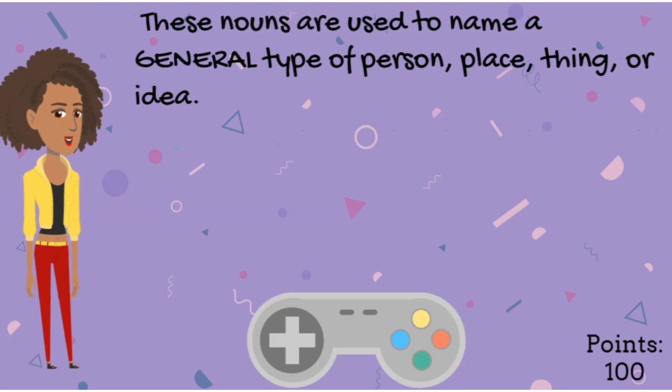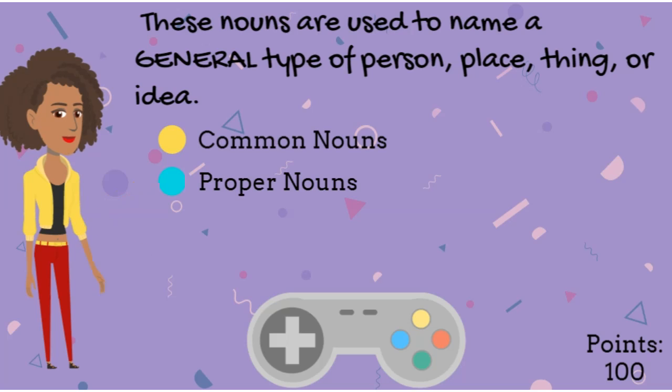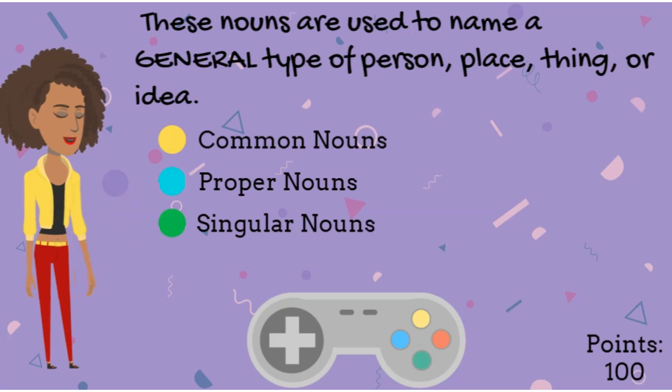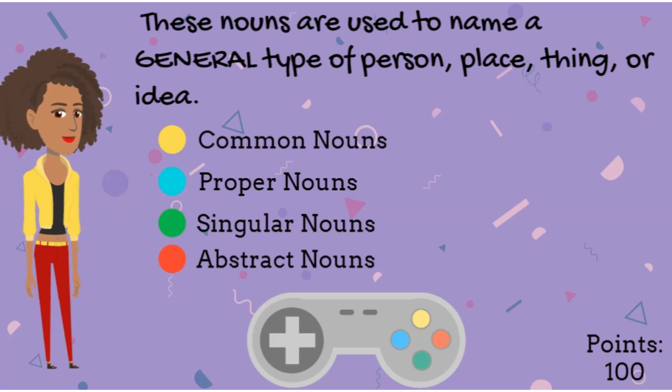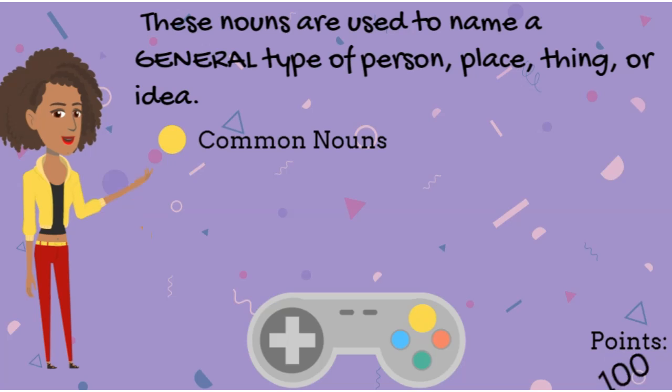Next question. These nouns are used to name a general type of person, place, thing, or idea. Wow, you got it right again.